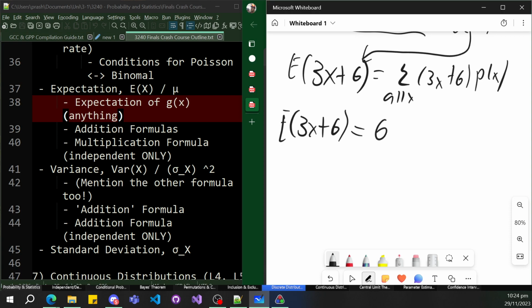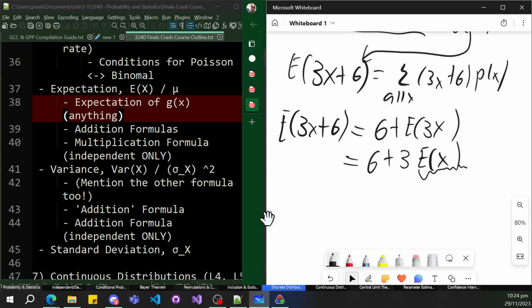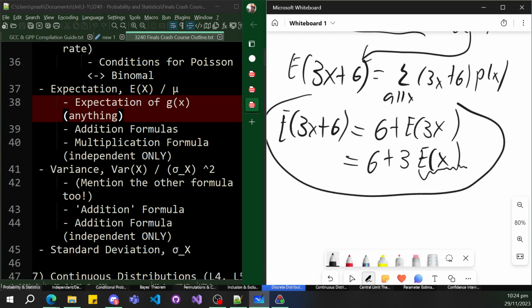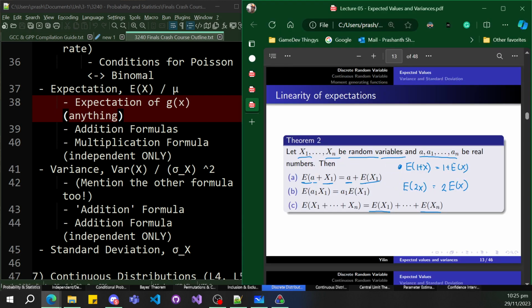So 6 plus the expectation of 3x. We can simplify this even more, because you can take out the 3 and you get the expectation of x. And this is a value we probably already know by this point. So you save a bunch of computation instead of having to do all of this stuff again, which would suck. You can just reuse the value that you already had before and calculate it this way, using the addition formulas here.